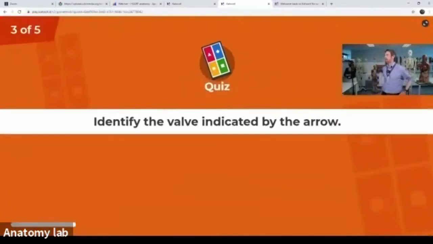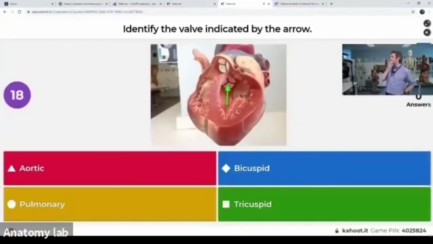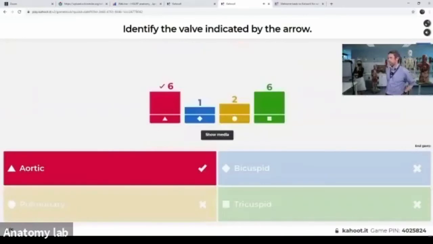3, identify the valve indicated by the arrow. Yeah, gets harder, doesn't it?